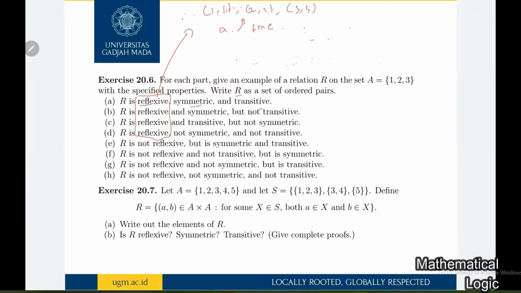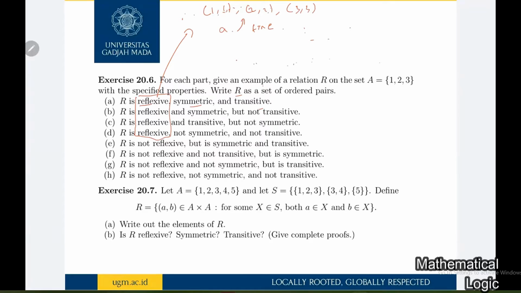Why? Because it will be symmetric. If one is related to one, then one is related to one, right? So that's symmetric: 1,1, 2,2, 3,3. And also transitive, because as you see, this one becomes a partition, so it should be fine.